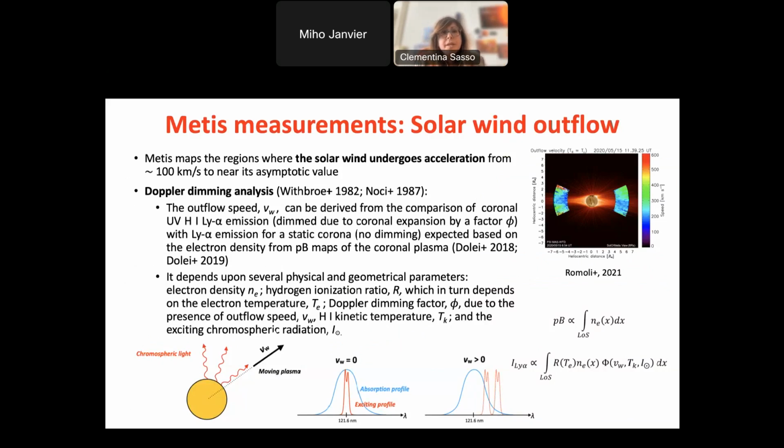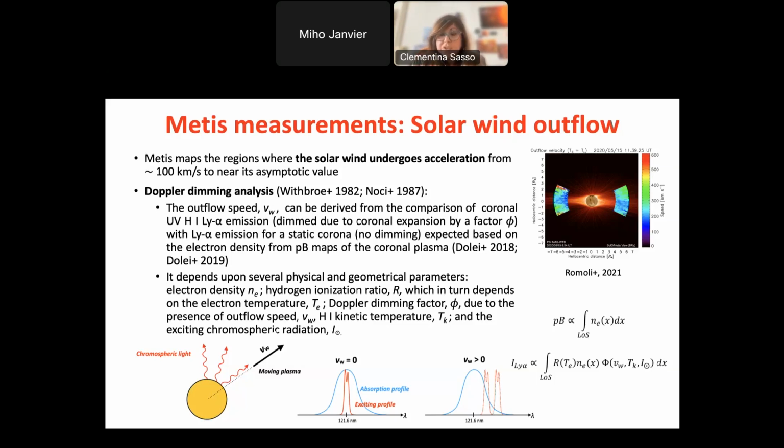Metis is really observing in the regions where the solar wind undergoes acceleration from almost 100 kilometers per second to near its asymptotic value, and we can do it observing how the Lyman alpha emission is dimmed by the coronal expansion, and then compare this dimming with the model, with what is expected for the Lyman alpha in a static corona.